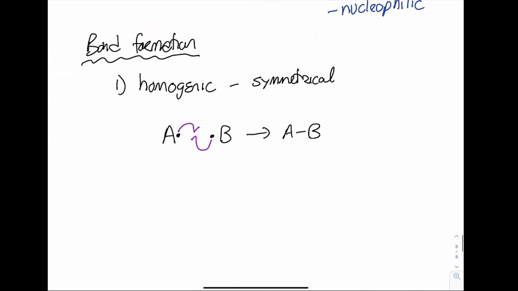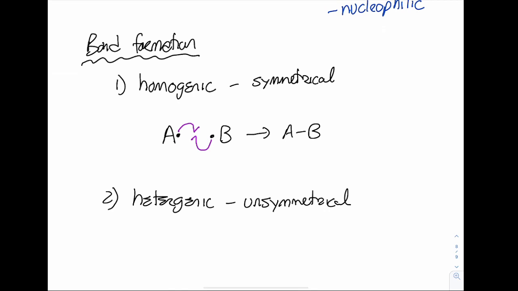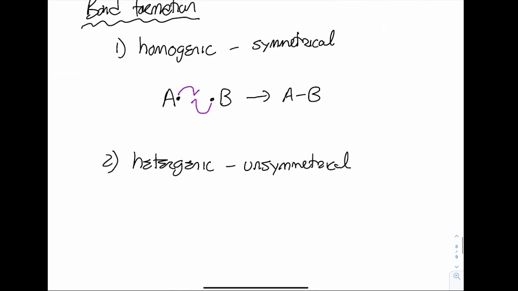And then heterogenic. This is our unsymmetrical one. So this is where I do have an electrophile and a nucleophile. So in this case, I'm going to have A with a positive charge, so it's electron poor. I have B with a lone pair of electrons. It's my electron rich site.